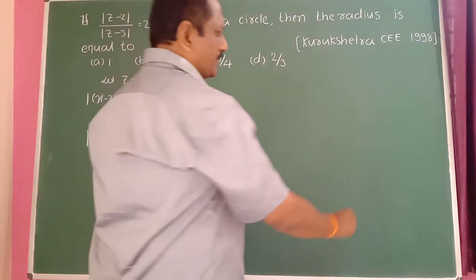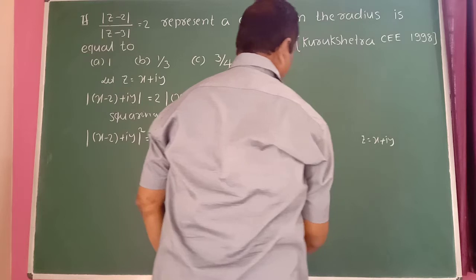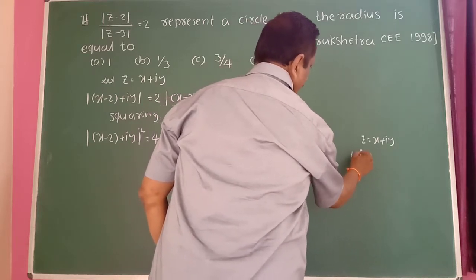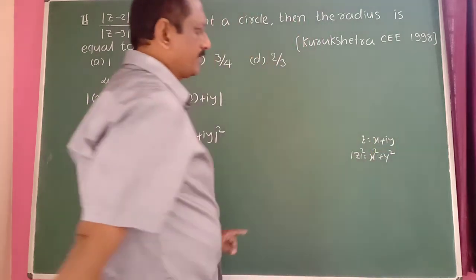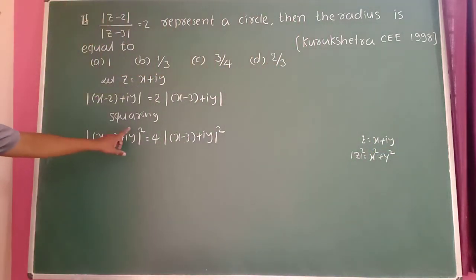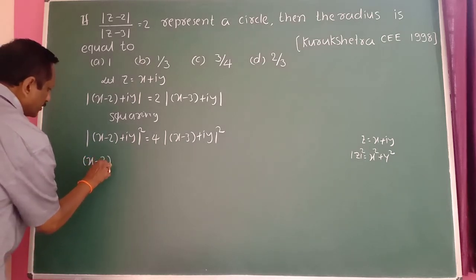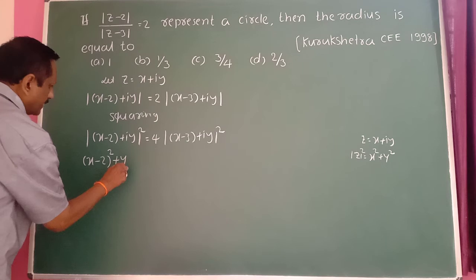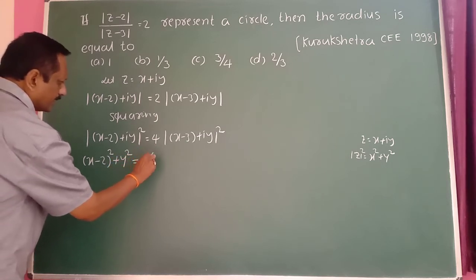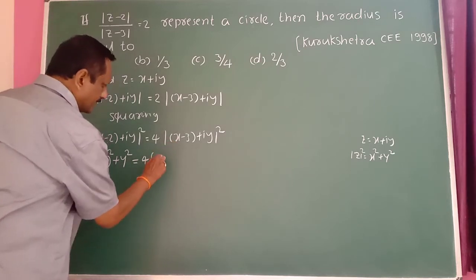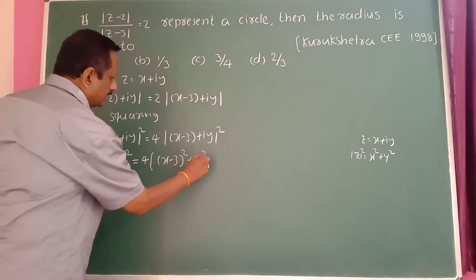You know that if z equals x plus i into y, then the modulus of z square is x square plus y square. Therefore this can be written as (x minus 2) square plus y square is equal to 4 times ((x minus 3) square plus y square).